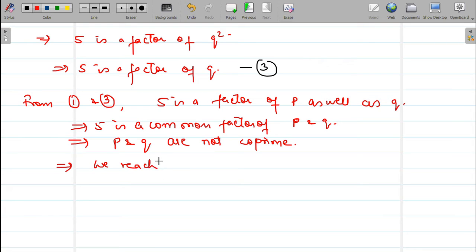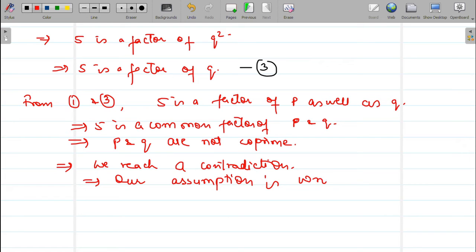We started with p and q as co-primes, and now we are at a step where we can say that 5 is a common factor. So we reach a contradiction. This implies our assumption is wrong, which further specifies that root 5 is an irrational number.